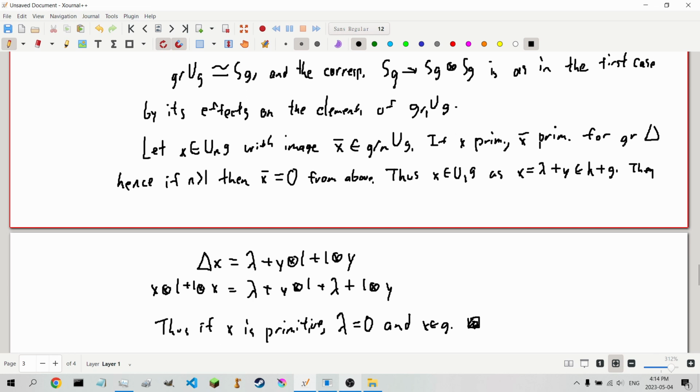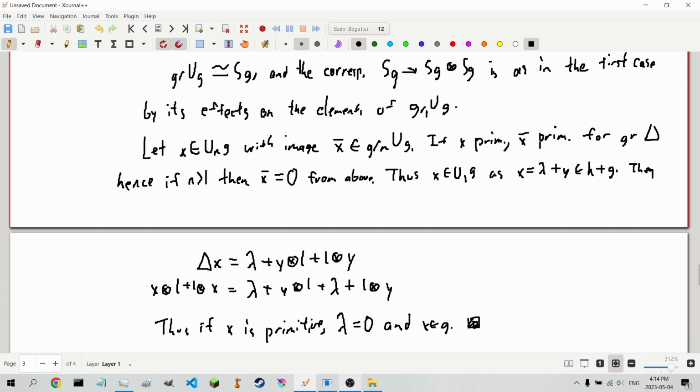Diagonal map of x is equal to lambda plus y tensor 1 plus 1 tensor y, with, and put this on the left, is just x tensor 1 plus 1 tensor x, x plus y tensor 1 plus 1 tensor y.